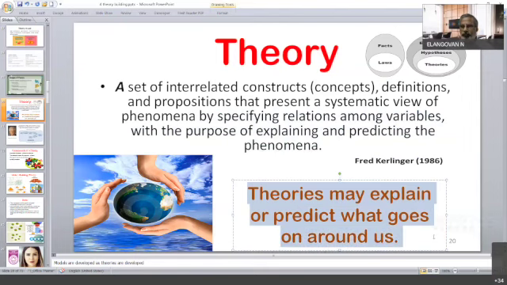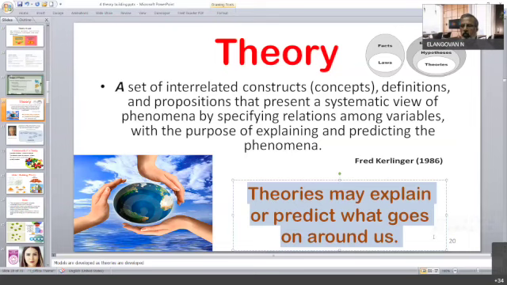I'll give an example. Theories explain. Theories explain means, what is a cloud? A theory explains what a cloud is and how a cloud is formed. A cloud is water vapor.